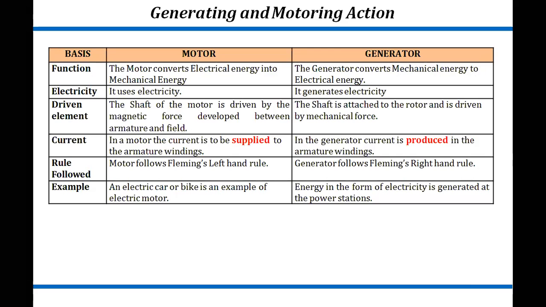If we are using electrical energy and giving output in the form of mechanical energy, we can say that type of machine is a DC motor. And if the DC machine is doing exactly the vice versa, using mechanical energy and giving us electrical energy, we can say that type of machine is a generator.